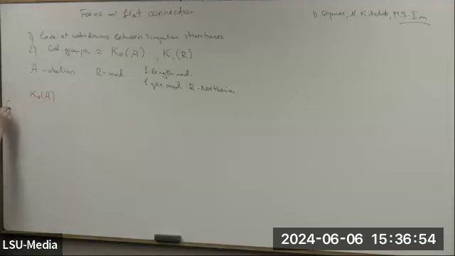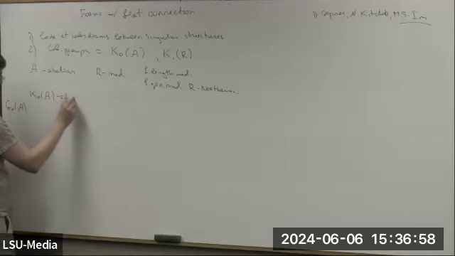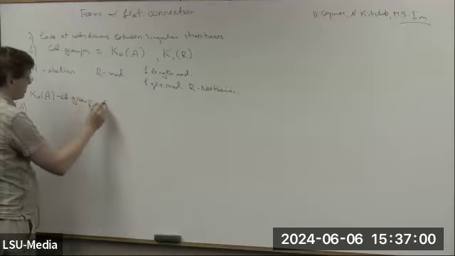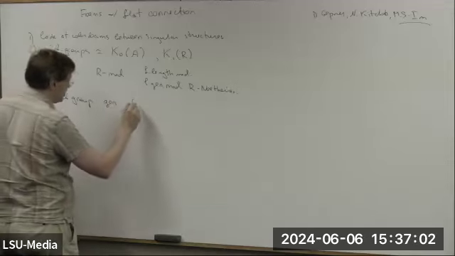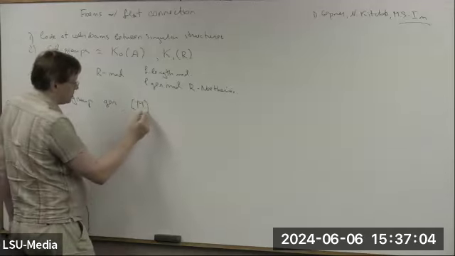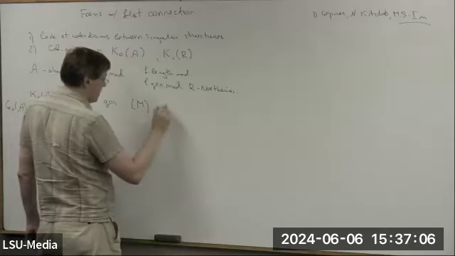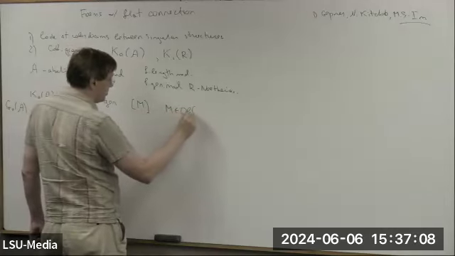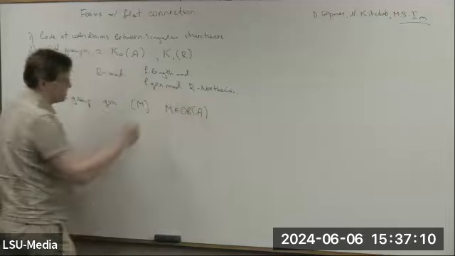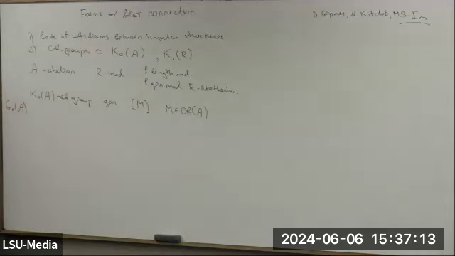Sometimes it's also written as G0 of A. It is an abelian group with generators given by symbols of objects in A, symbols of M, where M is an object of A. In the example, that's a module over R with some size condition, so not too large.